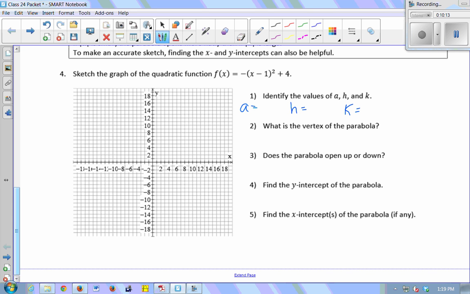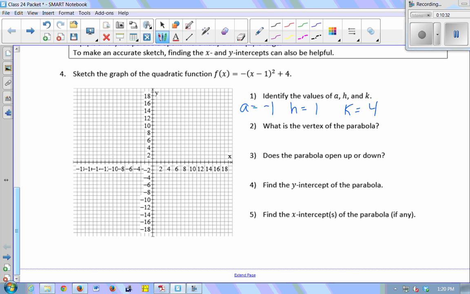So what is h? 1, good. Because the minus sign is part of the formula, 1 is the h value. What is k? 4, good. And what is a? -1, good.